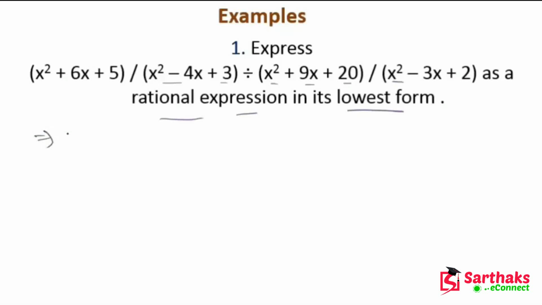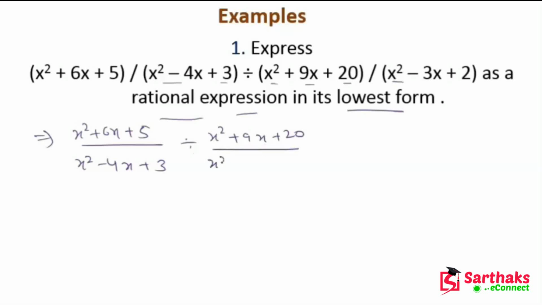Okay, so let's suppose we have x square plus 6x plus 5 divided by x square minus 4x plus 3 divided by x square plus 9x plus 20 divided by x square minus 3x plus 2. Now in this case we have to first of all factorize the equations. So the factors of x square plus 6x plus 5 are x plus 1 into x plus 5.